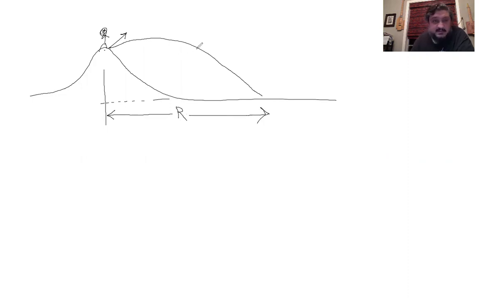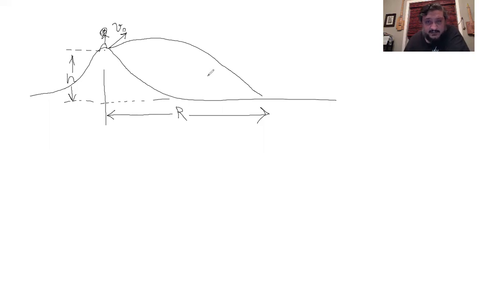Okay, and this hilltop has a height. If you measure it from here, let's call it h. Okay, and here you have initial velocity.